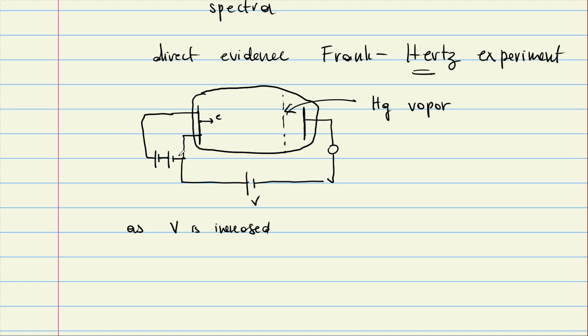Basically, you give kinetic energy to the electrons and they collide with these mercury atoms. So as we increase V, electrons collide with mercury with higher kinetic energy.